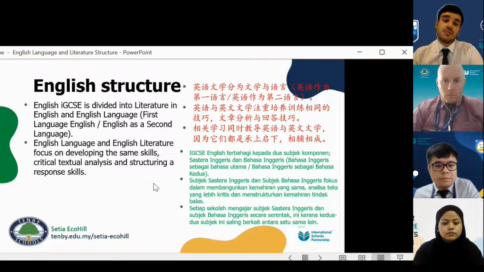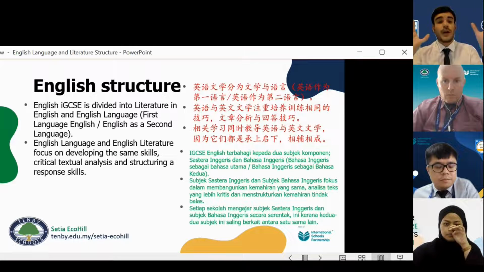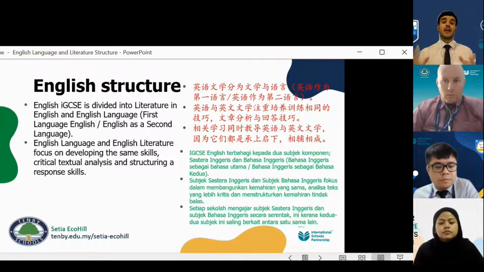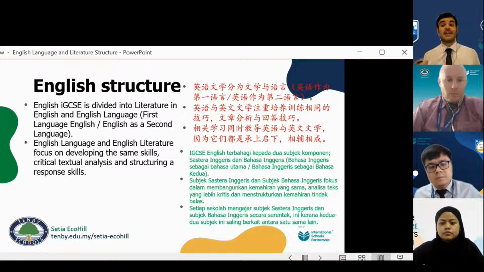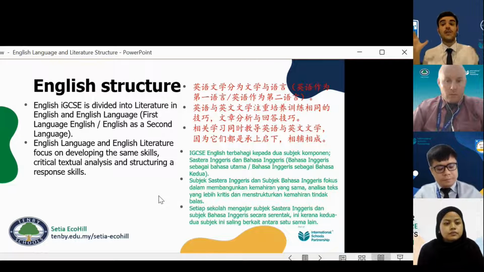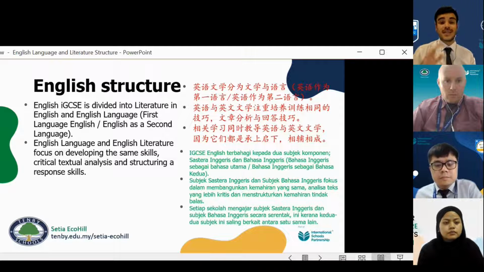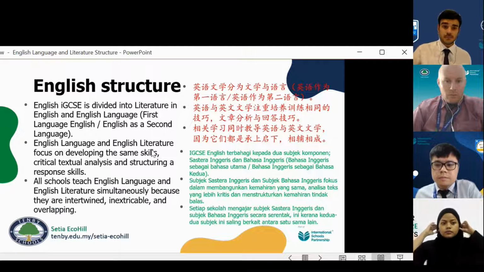English language and English literature focus on developing the same skills, whether first language or English as a second language. We're really developing the same skills, which is essentially critical textual analysis and structuring a response. These two skills are the overview of what we need for English language, ESL, first language, and literature. So it's the exact same set of skills.